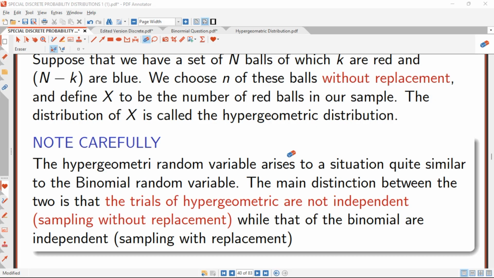Note, the binomial distribution can be used to approximate the hypergeometric distribution. But what makes the binomial distribution different is that for the hypergeometric distribution, the trials are not independent, and its samples are without replacement, whilst for the binomial distribution, the trials are independent and the samples are with replacement.